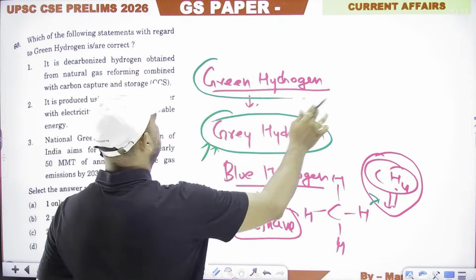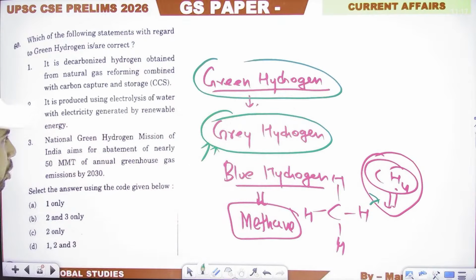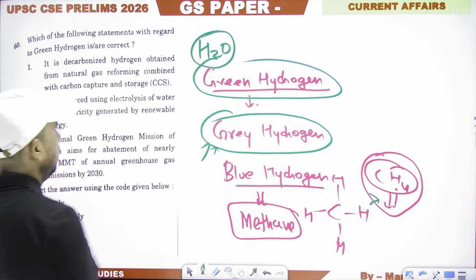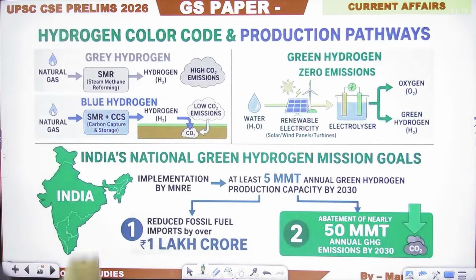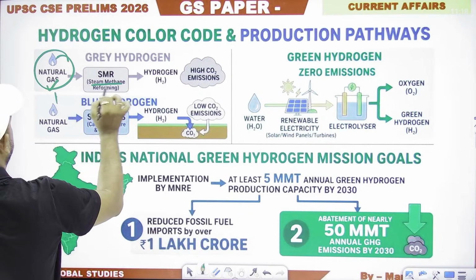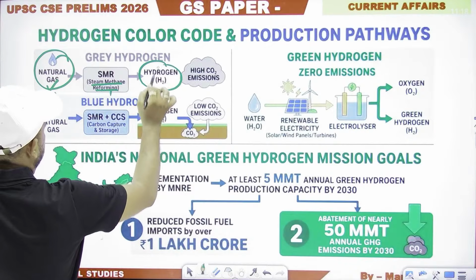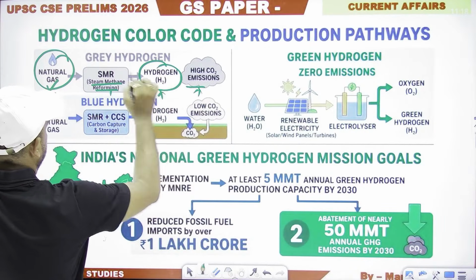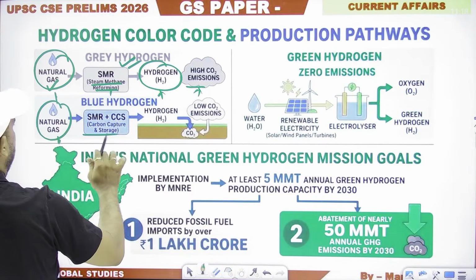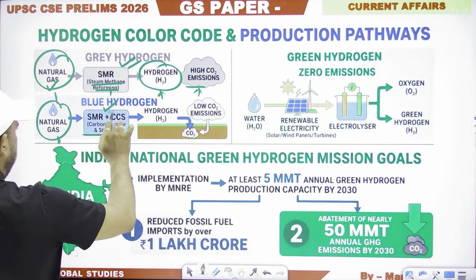And green hydrogen is mainly produced by the electrolysis of water. With the help of water, we can produce it. So firstly, if we have natural gas, and from natural gas through steam methane reforming hydrogen is extracted, with high carbon emission, this is considered grey hydrogen. When natural gas is used with carbon capture storage, it is considered blue hydrogen.